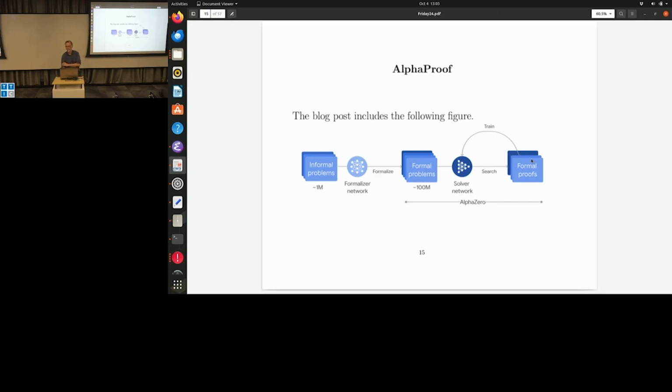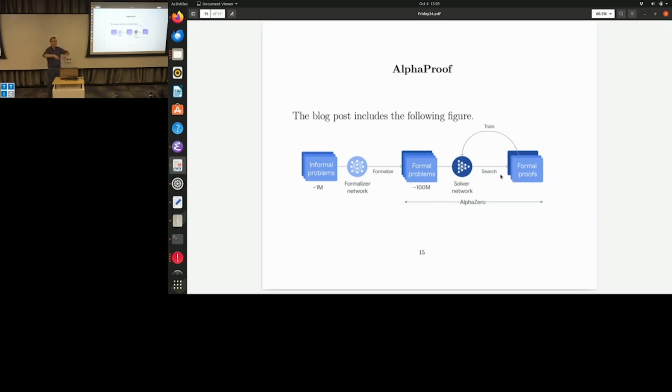So they have this corpus of formal proofs. They don't say how big that is, but it's some subset of this. But these are proofs that have been verified. These are right. So the solver is going to solve some fraction of the 100 million. For each one it solves, you've got a formal proof that you throw into this database, and then you can use that database of formal proofs to train your network to be better at selecting the tactic that worked.